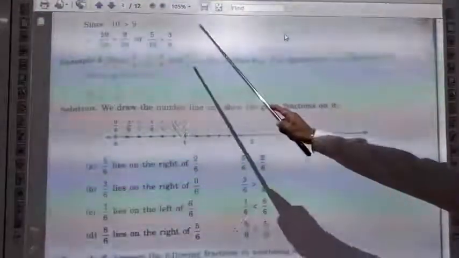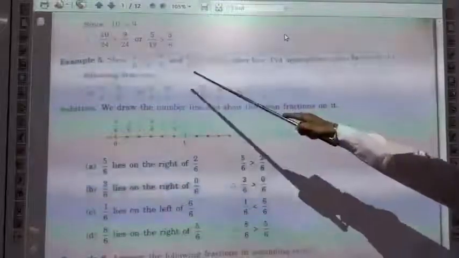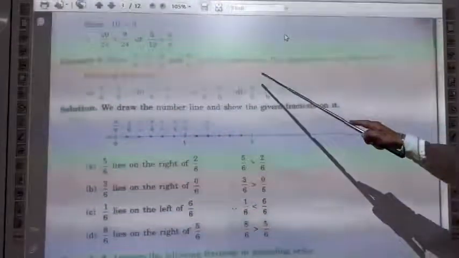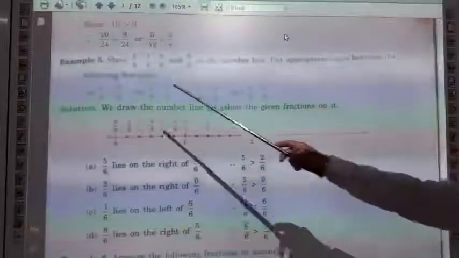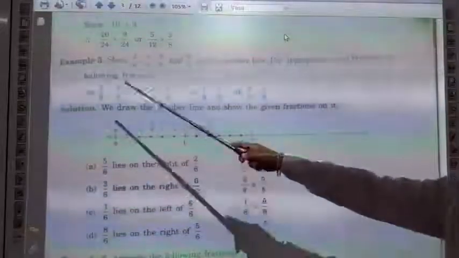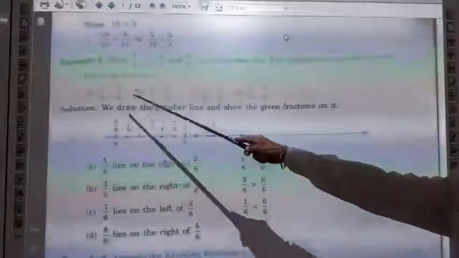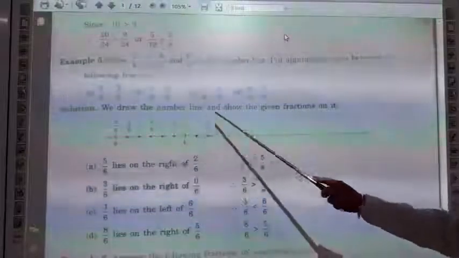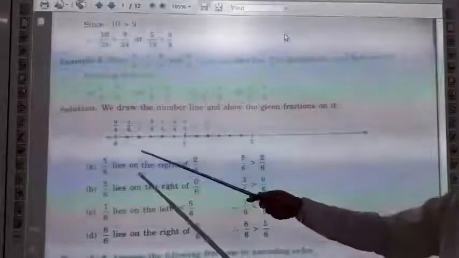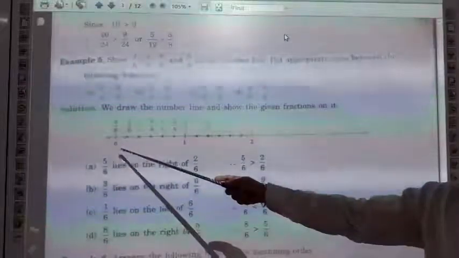Now next example, show 2/6, 4/6, 8/6 and 6/6 on the number line. Put appropriate signs between the following fractions. First is 5 upon 6 dash dash dash 2/6. We draw the number line and show the given fractions on it. Show the number line. First point is 0, second 1, third is 2.